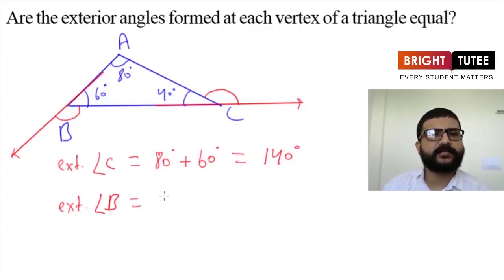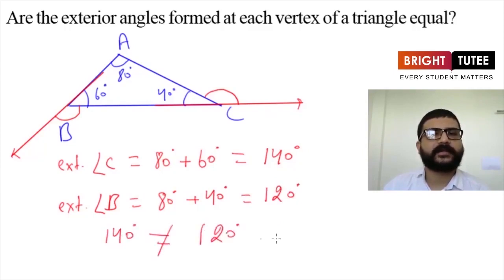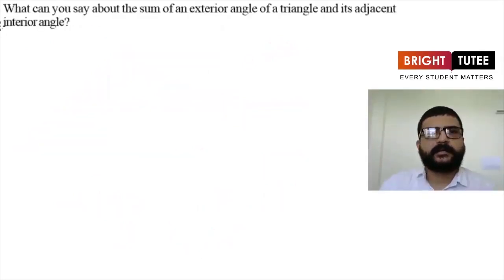It means it is equal to 80 degrees plus 40 degrees, which is equal to 120 degrees, and we know 140 is not equal to 120. Hence the answer to this question will be no, because we have seen that exterior angles formed at each vertex are not equal.